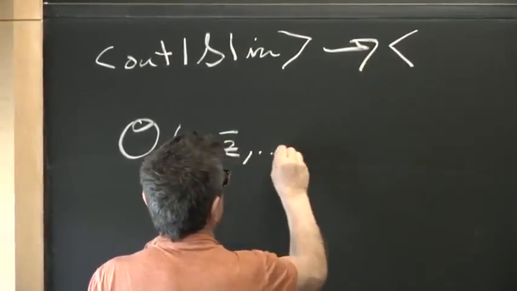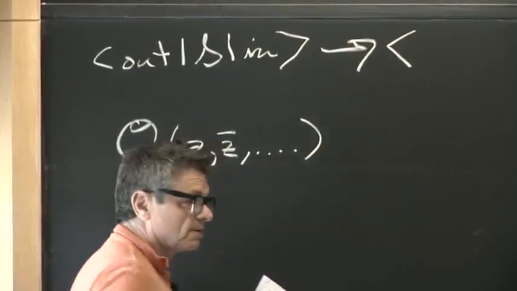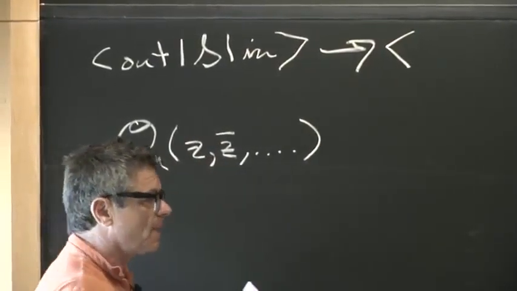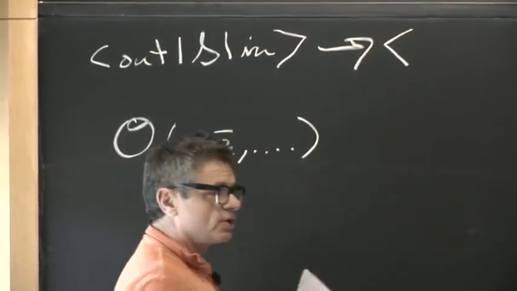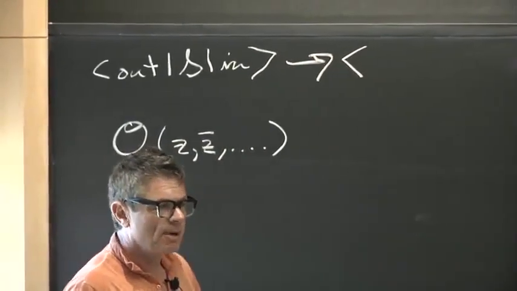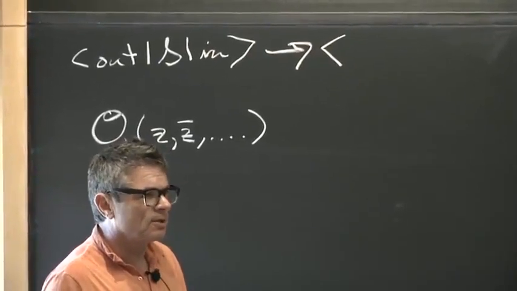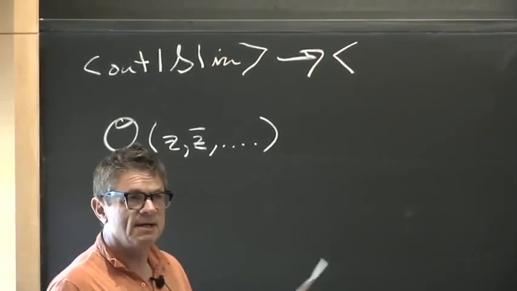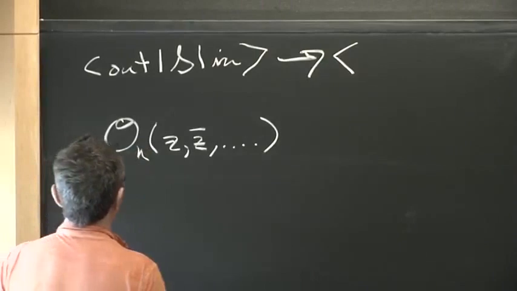And then there'll be various other quantum numbers which we'll suppress, including the energy. If the energy is positive, it's an incoming particle. If the energy is negative, it's an outgoing particle.